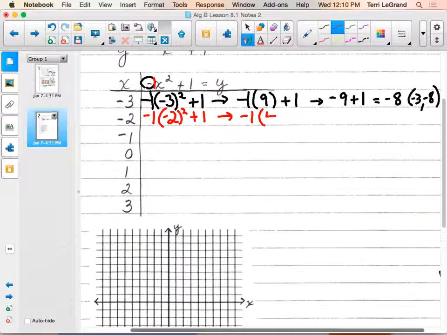So that's going to be a +4. -1 times 4 is? -4. Or the opposite of 4 is -4 plus 1. -3. And we get a y value of -3 this time. So -2, -3. And then you can go graph that one.